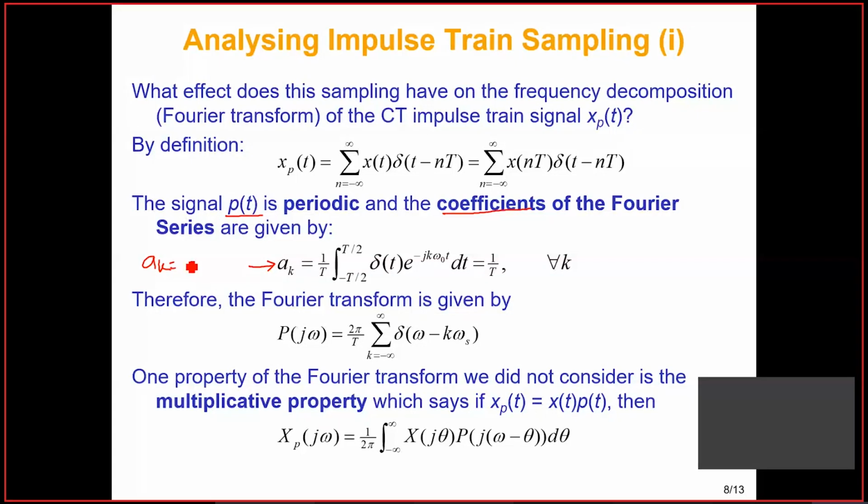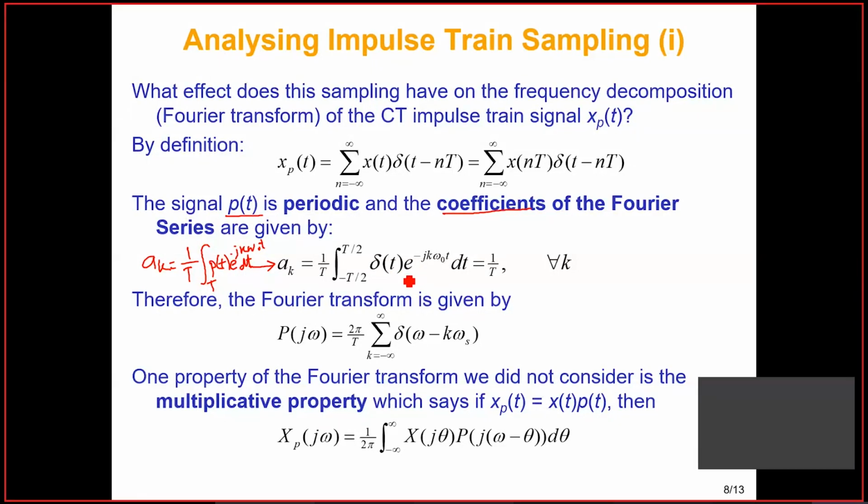And then taking one time period from minus T by 2 to T by 2, this will end up giving us a single impulse delta t in this time period. This whole integration, as we have seen, ends up giving us just 1, because delta multiplied by anything ends up giving you a single value.